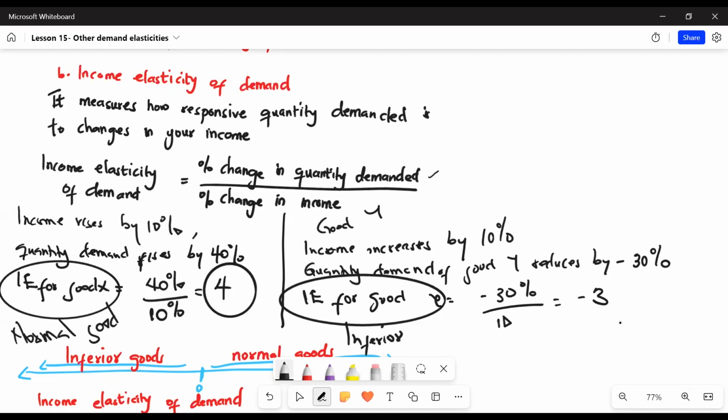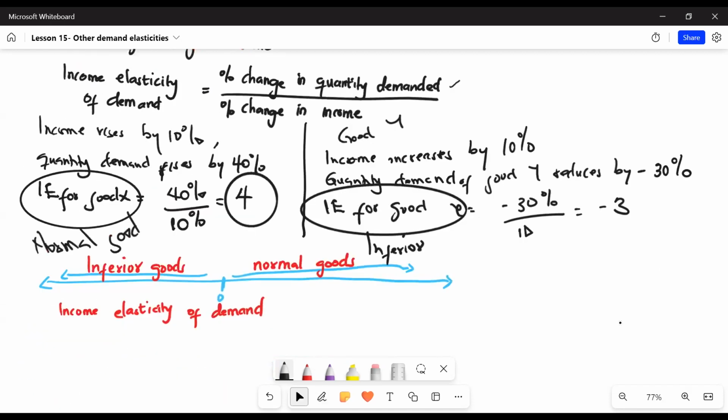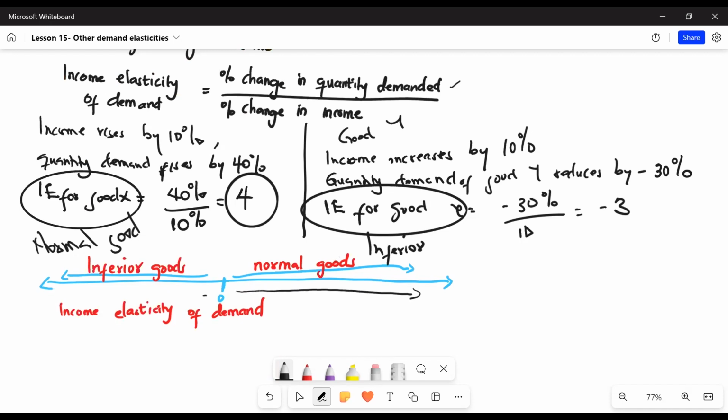So there's a negative relationship between your income and your demand for the good. Now we can also demonstrate income elasticity of demand with this diagram. If the income elasticity is positive, then the good is a normal good. If it's less than 0, then the good is an inferior good.